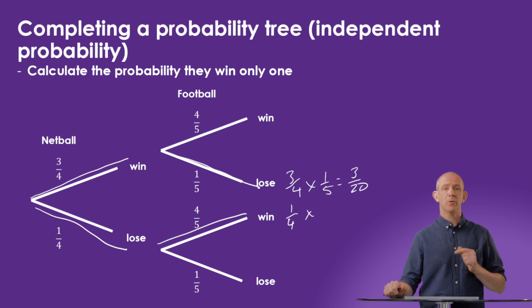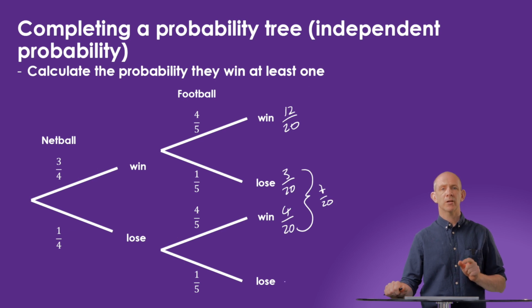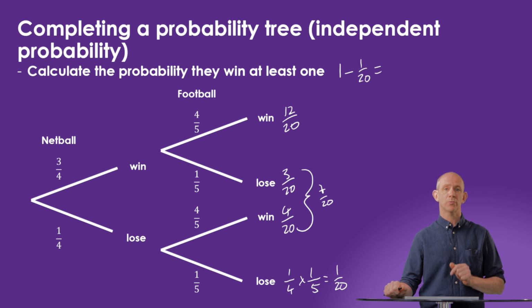The other route would be 1 over 4 times 4 over 5 to get 4 over 20. If we added these 2 together, we'll get 7 over 20. In order to calculate the chance they will win at least one is the same as all the probabilities minus winning none of them, which would be 1 subtract 1 over 20 to get 19 over 20.